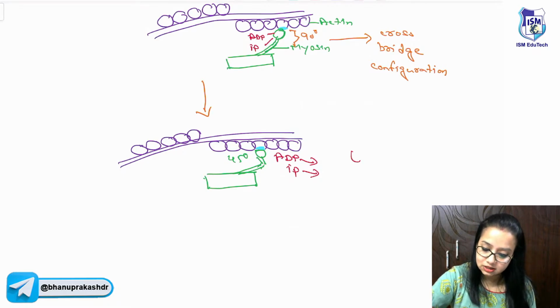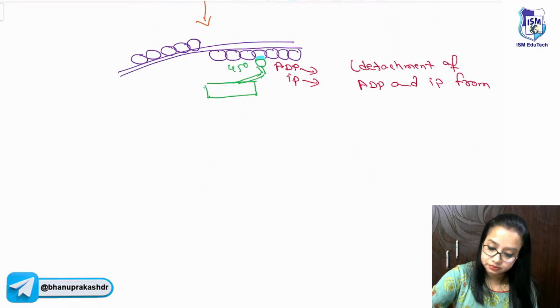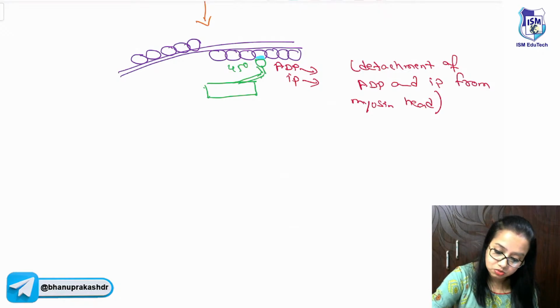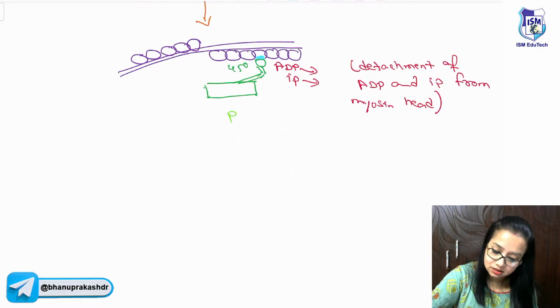So here detachment of ADP and IP from the myosin head happens. Okay, now this is what we call the power stroke.